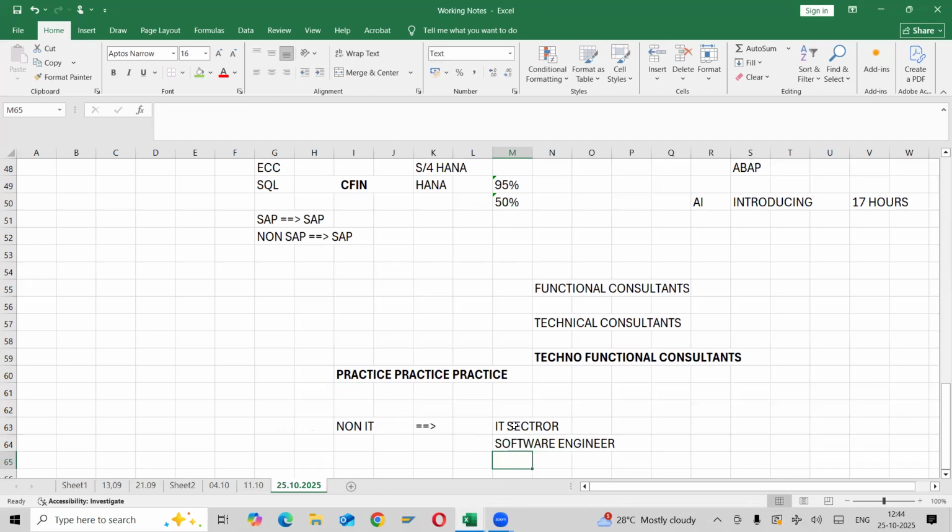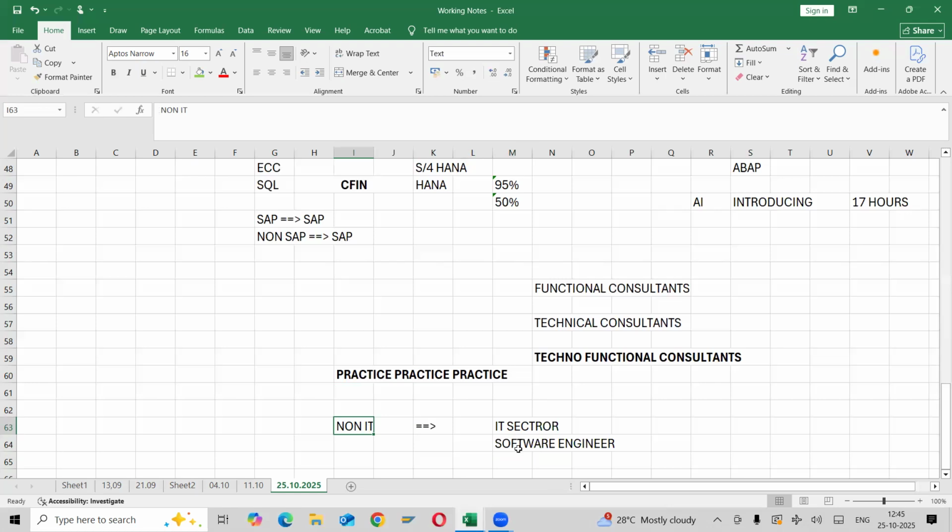Even though we are not from any science or engineering background, we are still considered software engineers. There will be a question: a software engineer needs to have programming knowledge and good logical knowledge. But in SAP it's not required.